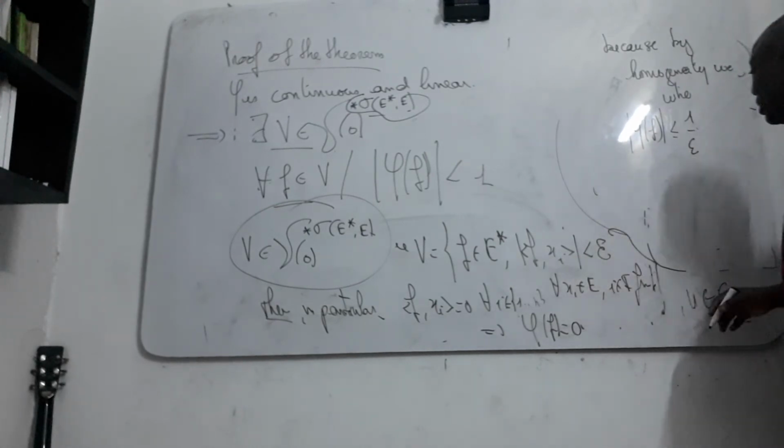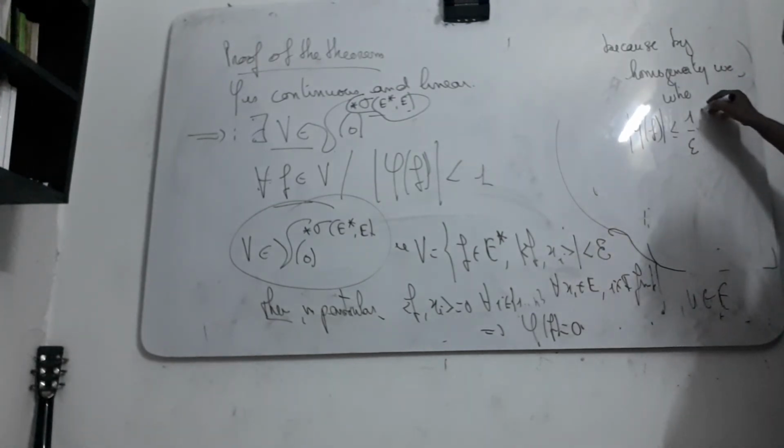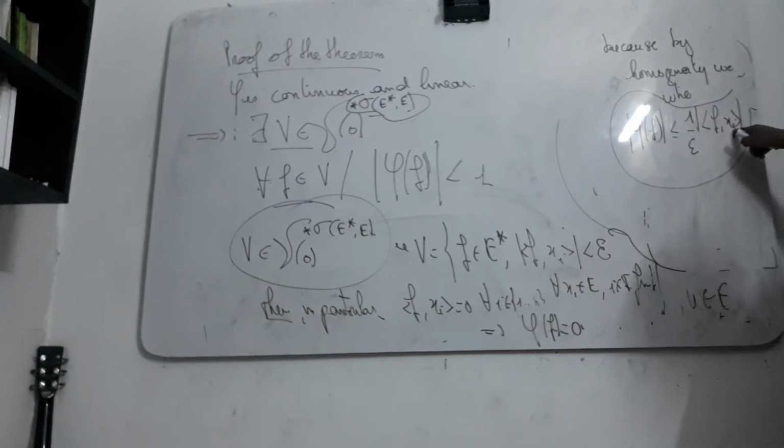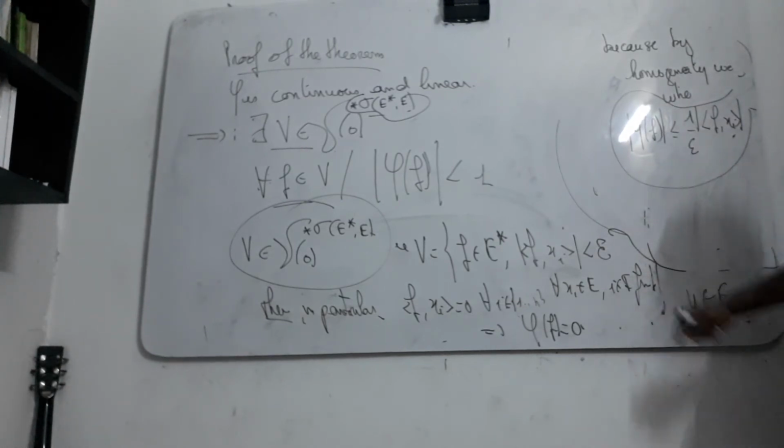Then epsilon and phi of this kind of function is, for all of them, this condition. Then this one is equal to 0 by this condition.